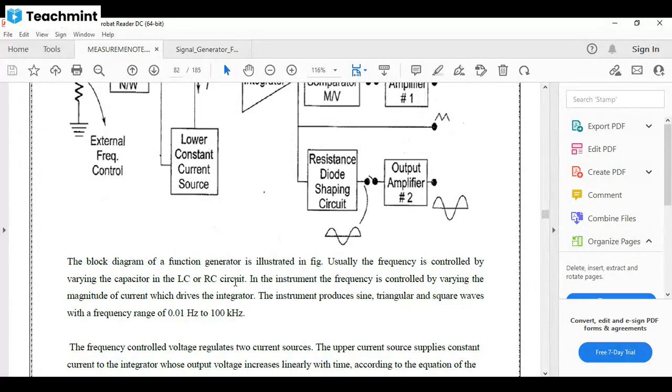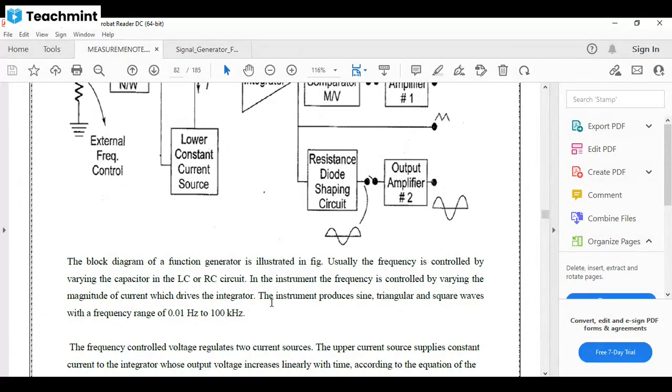This frequency is controlled by varying the capacitor of LC and RC, and in the instrument the frequency is controlled by varying the magnitude of the current which drives the integrator.